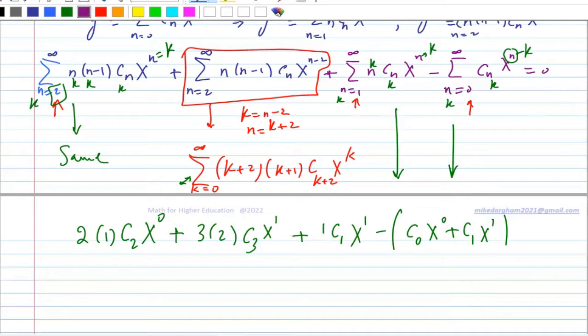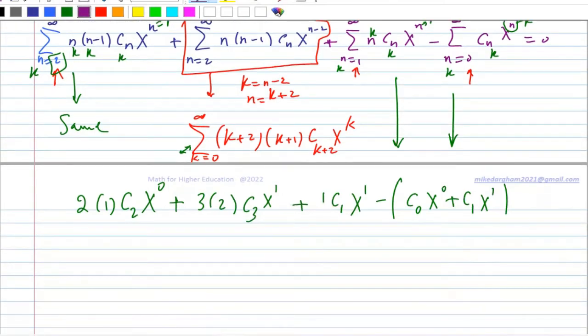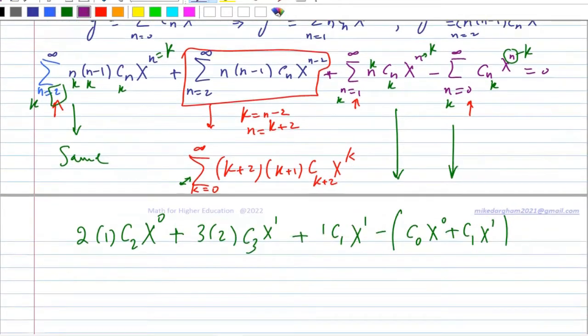I just saved my time not to write the sigma 2 in each, but I have in mind that all those sigmas starting from 2, I want to add them all. So plus sigma k starts from 2 to infinity. I want to put what? Because I have the same xk in all, I take xk as a factor.